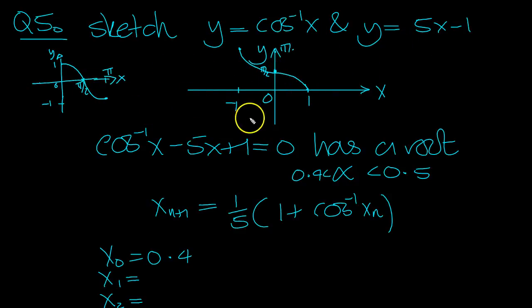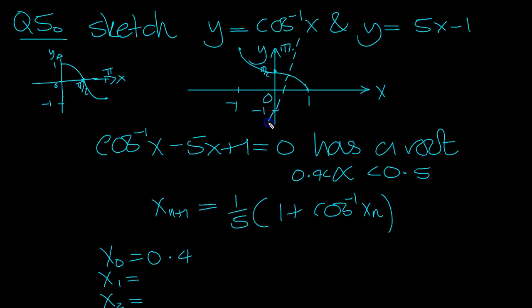Now 5x minus 1, so here's that was pi, so on this scale that's minus pi over 2, so -1 would be about here, wouldn't it? I'll put that there on the graph. That's it, that's -1. 5x is quite steep, so I'm going to draw it with a dashed line because I'm using a digital pen.